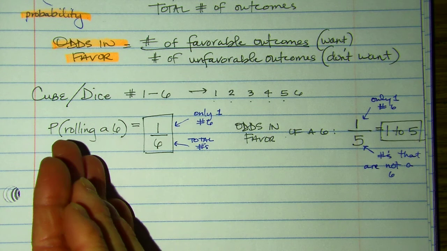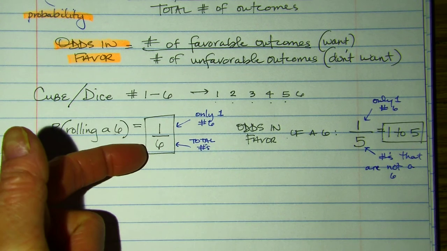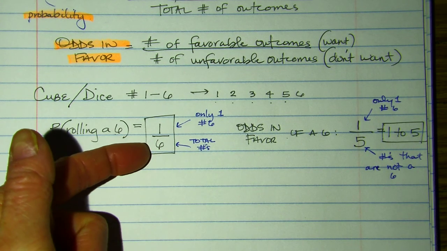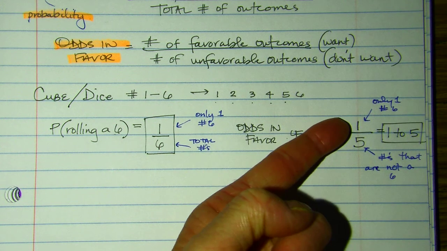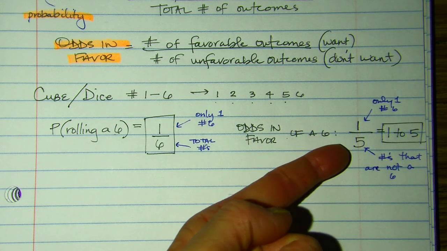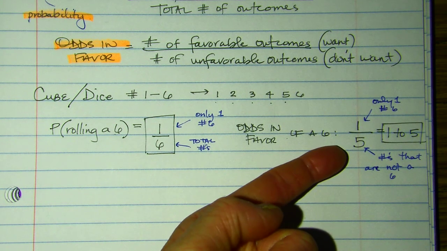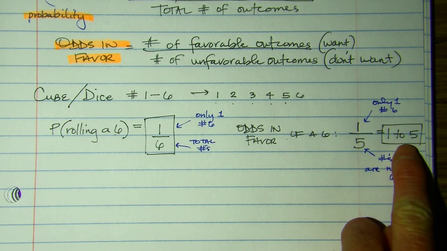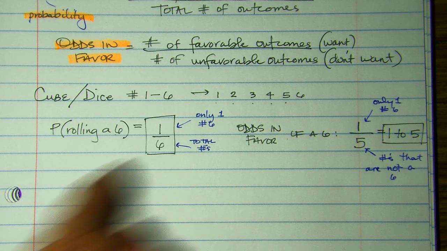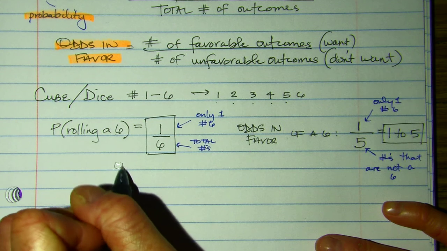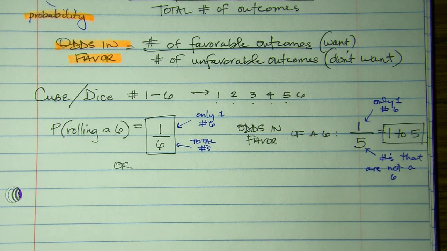So that you can see the difference: probability is what I want out of all total possibilities. Odds in favor is what I want, so there's only one 6, over how many are not a 6. And so odds would be 1 to 5. You have a 1 to 5 shot of getting a 6. Probability is 1/6, or a lot of times probability is written as a percent.